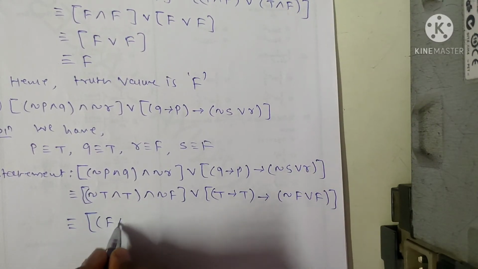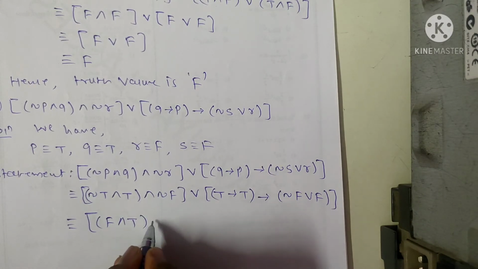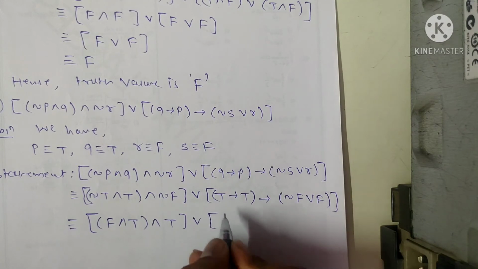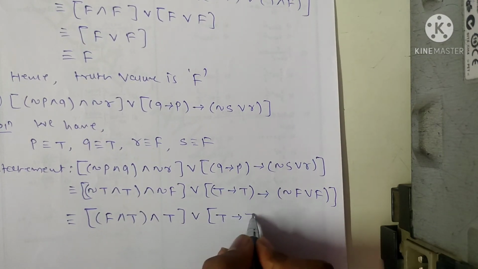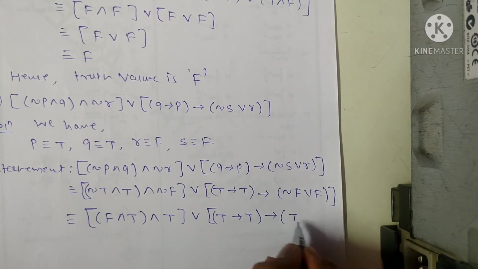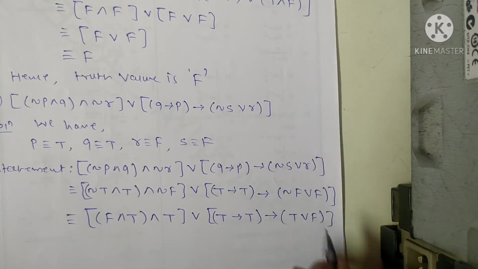Negation T is F and T, and negation F is T, or T then T, then negation F is T or F.